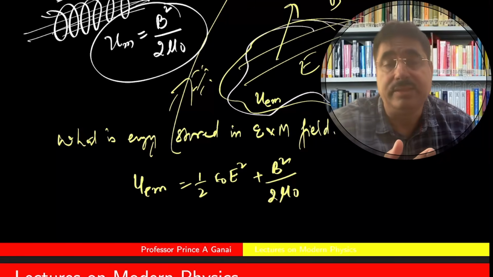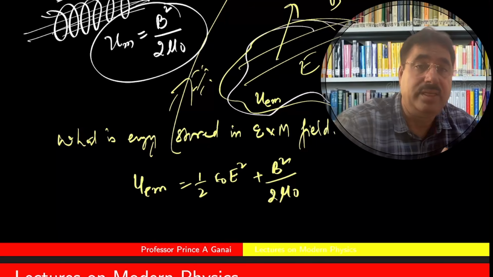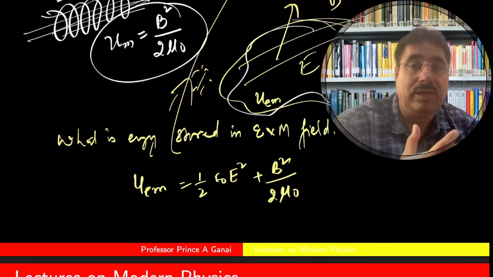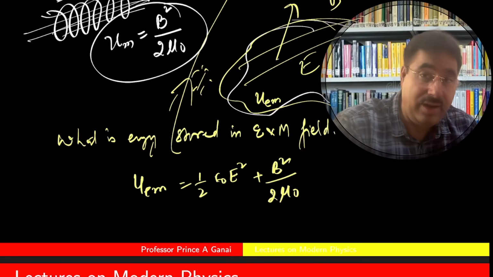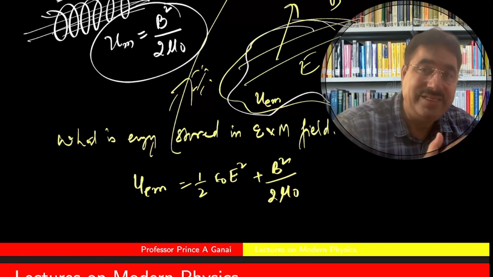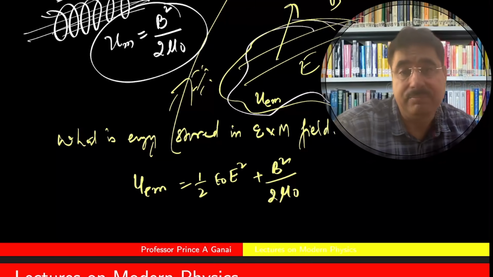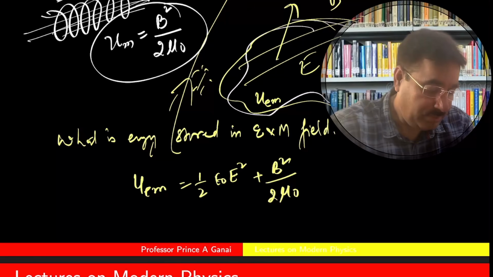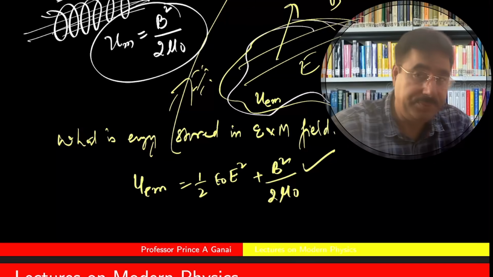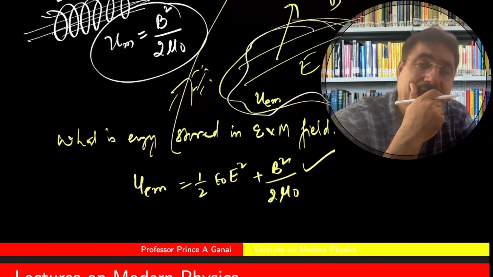So quickly you will say this, right? This is the energy density of an electromagnetic field. I have an electric field, I have a magnetic field, and the energy density contained in that field is 1 by 2 epsilon naught E square plus 1 by 2 mu naught B squared. Fine so far.